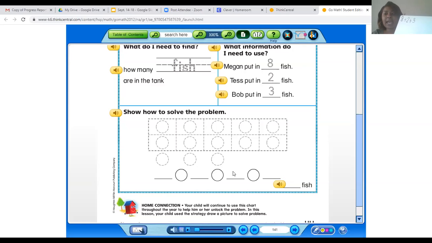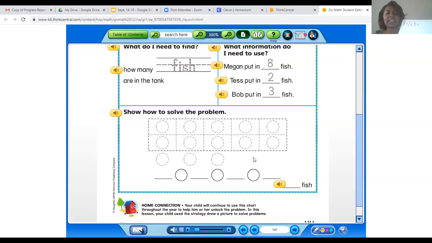So that's it, 8 plus 2 plus 3. Now I have all of my addends. What's going to go in this circle? I'm trying to find my sum, so I need to put my equal sign. And now I've got to figure out what 8 plus 2 plus 3 is. So I know 8 plus 2 is 10 because my 10 frame here is full. And I've added 3 more.